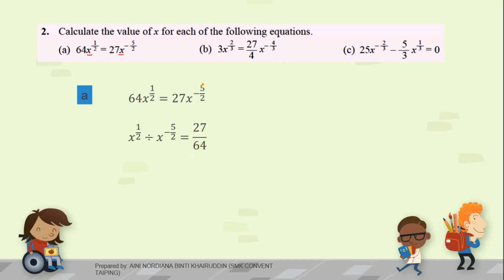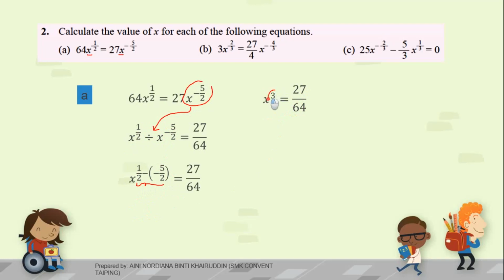This one I bring to the left hand side and then it becomes divide. So now x to the power of 1 over 2 minus negative 5 over 2. This one, use your calculator, you will get x cubed equals 27 over 64.